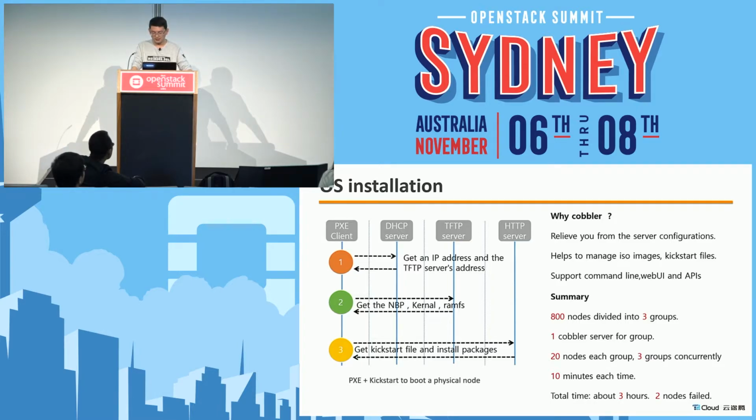It took about 10 minutes to finish, so we can finish 60 nodes every 10 minutes. It took us about 3 hours to finish all nodes. 2 nodes failed during the installation due to hardware issue, and we fixed them and reinstalled OS at last.